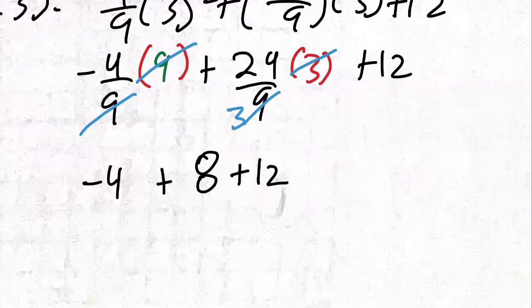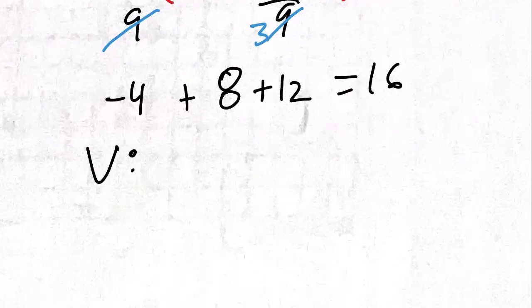Negative 4 plus 8 plus 12 is 16. So my vertex is 3 comma 16.